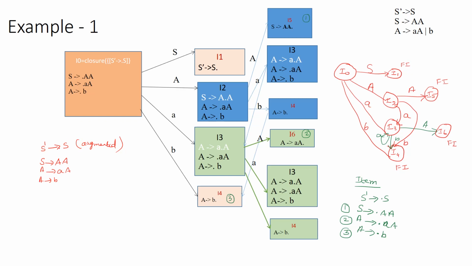So in the LR0 parser, we have to compute two things. One is the closure function and the other one is goto.